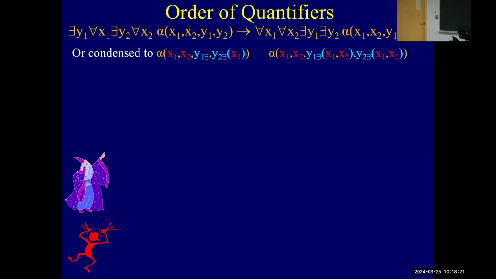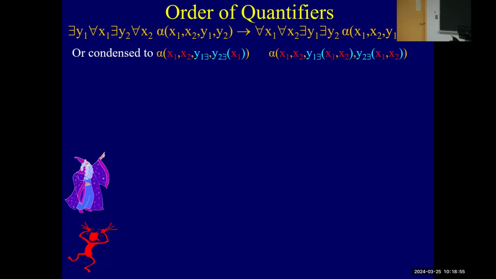Well, but over here, the y's, all the exists, depend on both of the x's, right? And so then you have to think, well, can I do the implies this way? Can I do the implies this way? Well, turns out we can do the implies this way because if something is constant, it's still a function, right? One example of a function that depends on things is a function that doesn't depend on things.